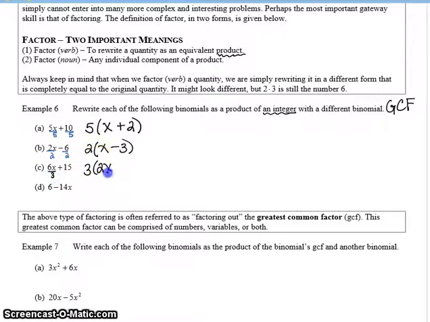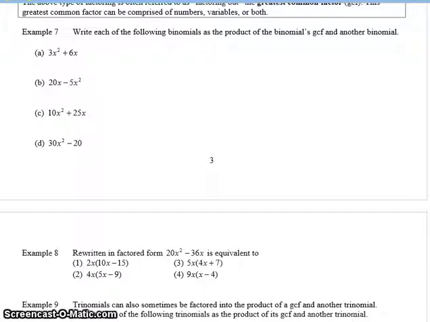I'm left with 2x plus 5. Then 6 and 14, you could divide out a 2, and you're left with 3 minus 7x. Pretty easy. The above type of factoring is often referred to as factoring out the greatest common factor, GCF. We kind of talked about that, so I'm going to jump over it.